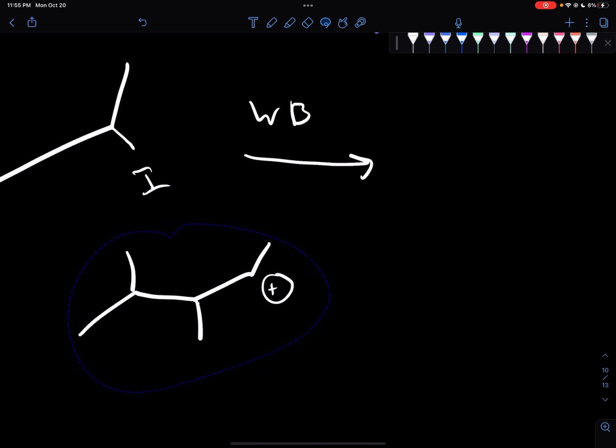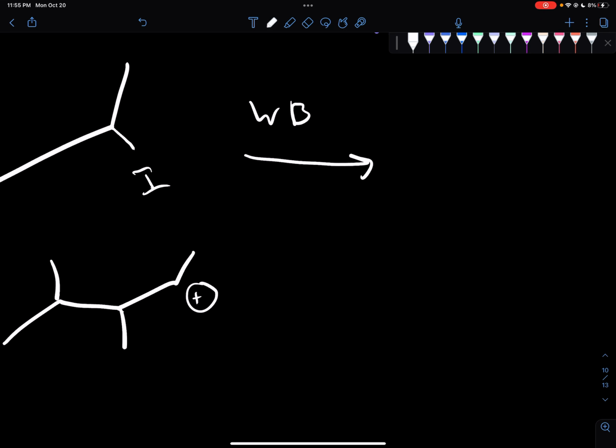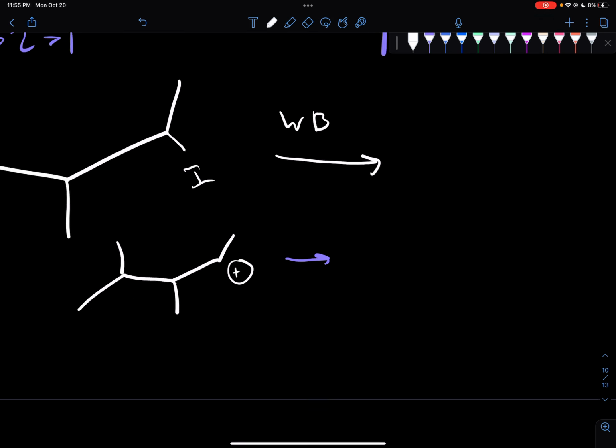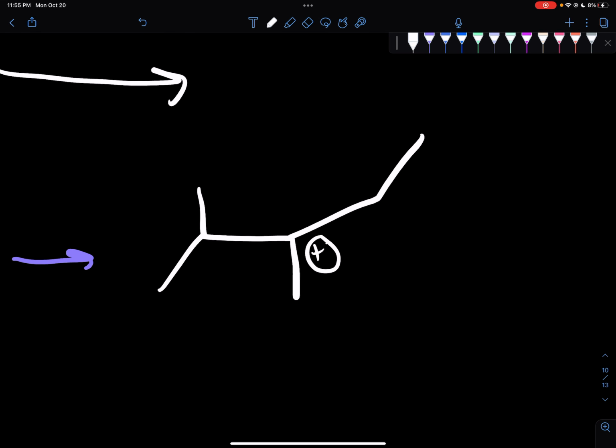So what you're going to do here is rearrange it. Obviously, you're going to rearrange it one over. You're going to move the carbocation over here. Now what happens? I can form a double bond here, because all I have to do is extract a proton from here.